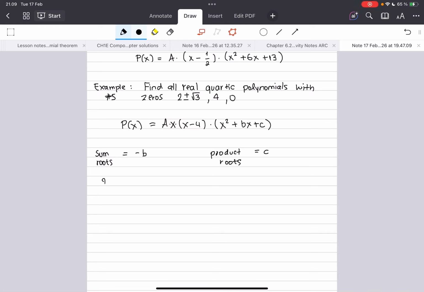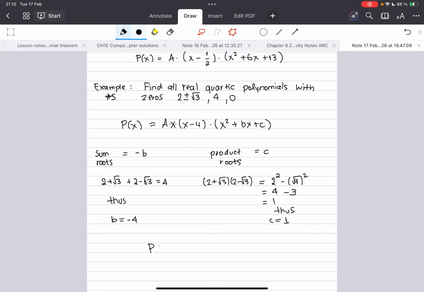And the roots are 2 plus root 3 and 2 minus root 3, and the product would be the same here, right? Very good. So you can see that the sum of the roots is 4, thus b is -4, and the product of the roots is equal to 2 squared minus root 3 squared, which is 4 minus 3 is 1, so we can write c is 1.